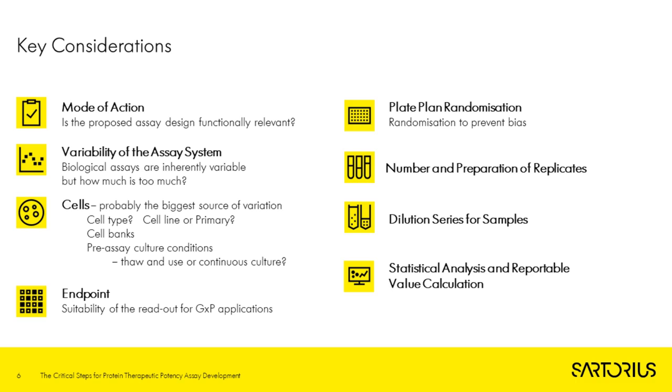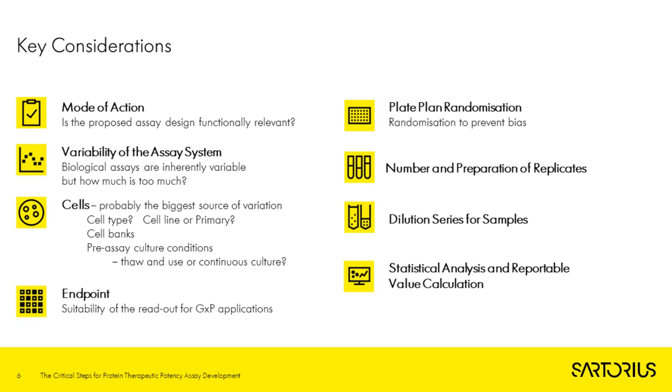Our potency assay needs to correlate with the mechanism of action for the product and ideally be stability indicating. So we need to select a system that is functionally relevant. But we also need to balance this with the second critical point, which is the variability of the assay system.